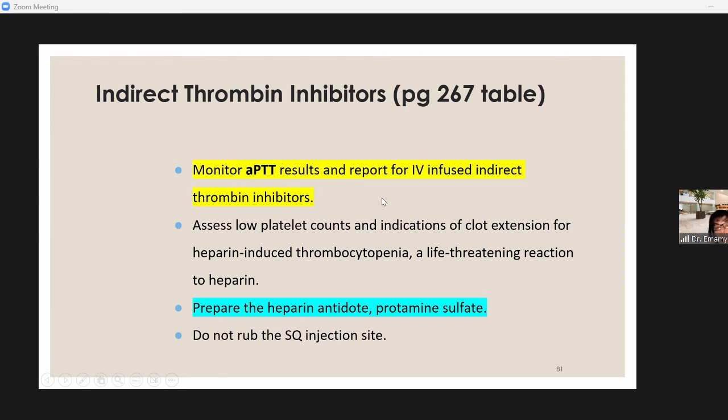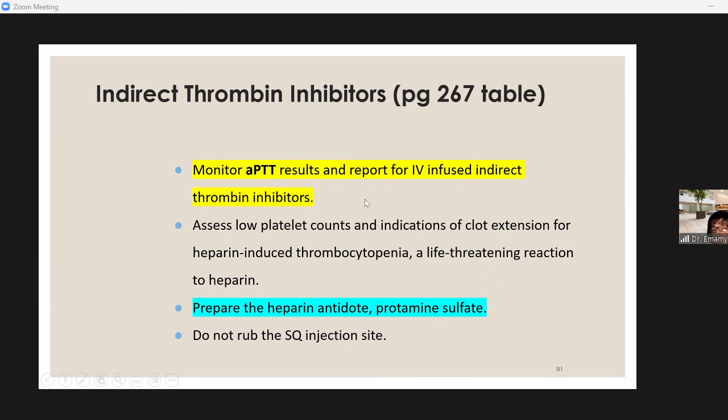If your patient is taking heparin, two nurses need to check the dose of heparin that you are giving to your patient. Make sure you are not making a mistake. And check the partial thromboplastin time, or PTT, frequently. Again, you don't have heparin PO. You have either subcutaneous or IV injection of heparin. And most of the time you need to check the patient's PTT 2 or even 3 times a day to make sure you are not giving too much heparin.